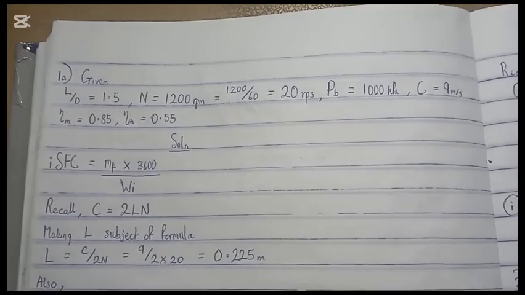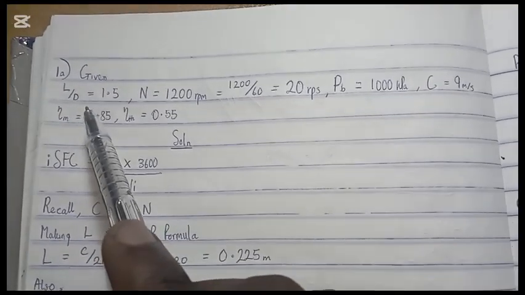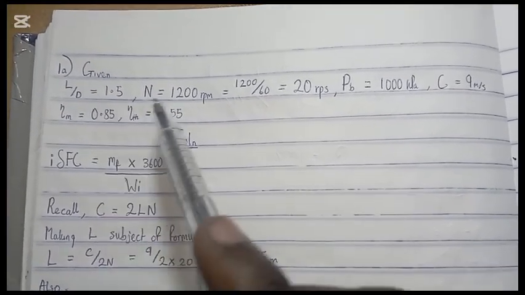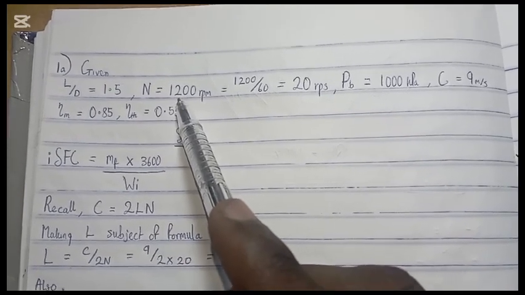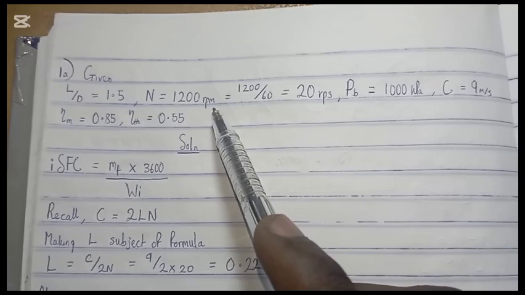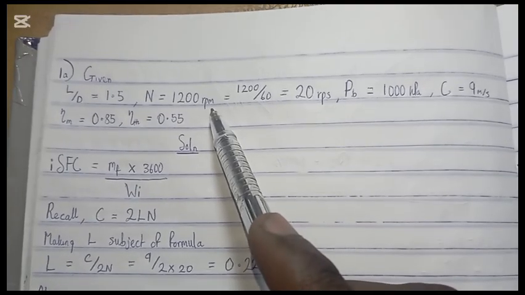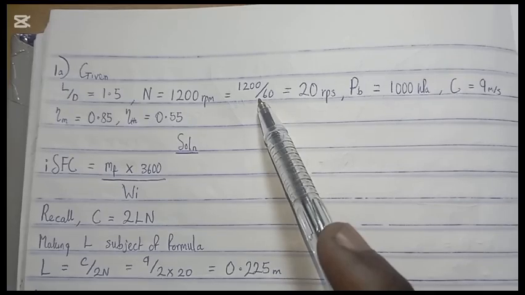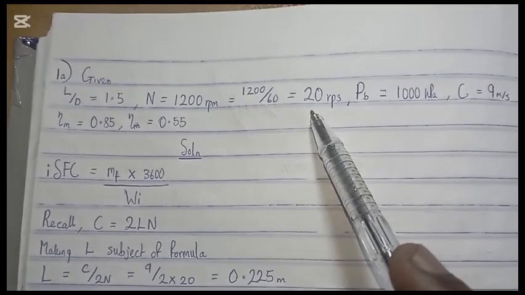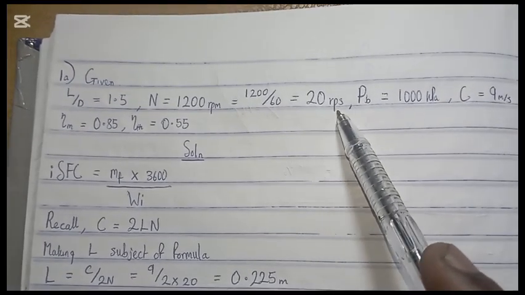We were given that our stroke to bore ratio is 1.5, our engine speed is 1200 revs per minute. Converting revs per minute to revs per second, divide by 60, so 1200 divided by 60 gives 20 revs per second.